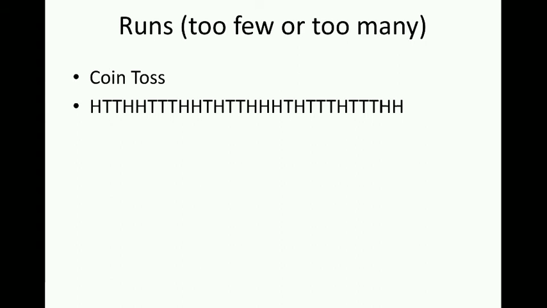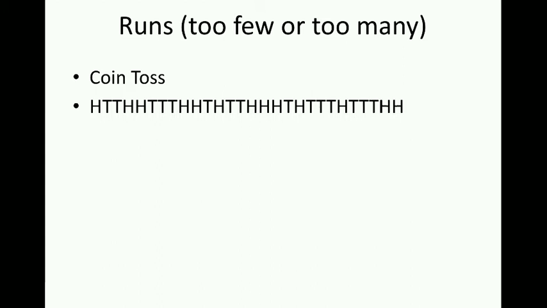And the way I like to think about it is, if you think about a coin toss, so you're tossing your coin, it can either be heads or tails, and you'd expect something random like this: heads, tails, tails, heads, tails, tails, tails, heads. This looks random, and if you can imagine, every time you throw a head, it's a run.